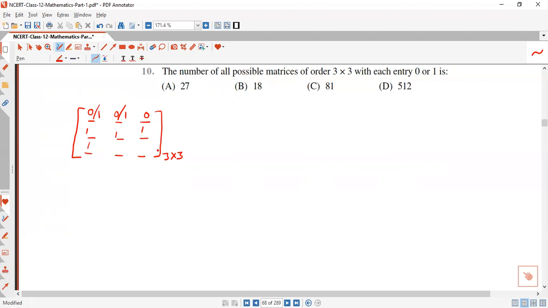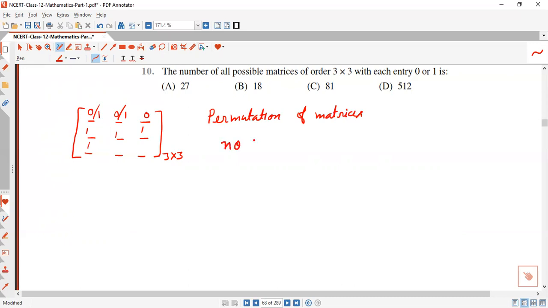So we basically have two entries that can be filled, and now we are looking for the number of possible matrices. We are looking for the permutation of matrices. The number of distinct objects is only two, 0 and 1.